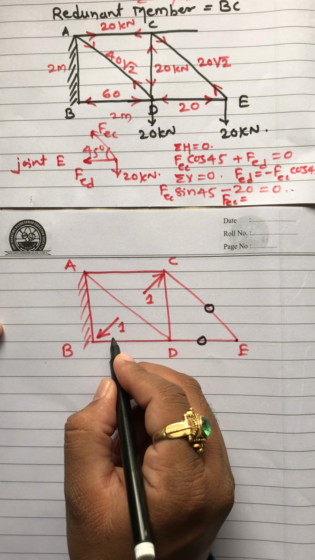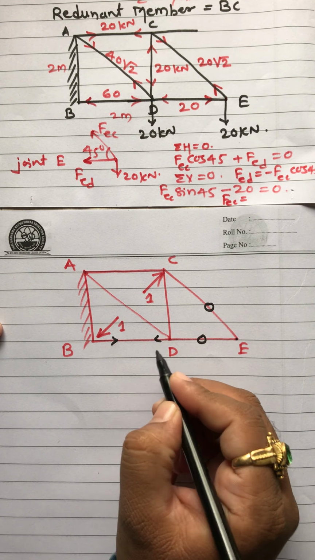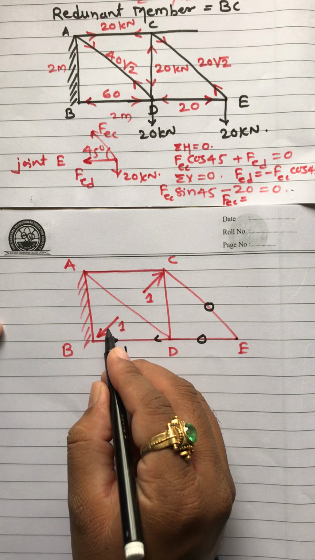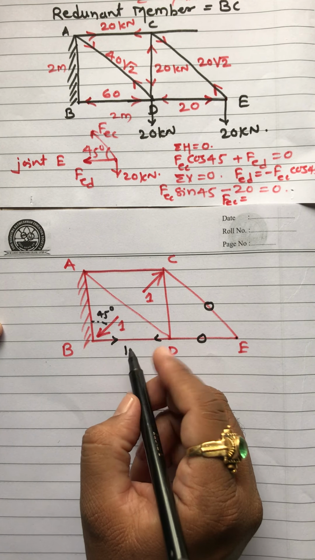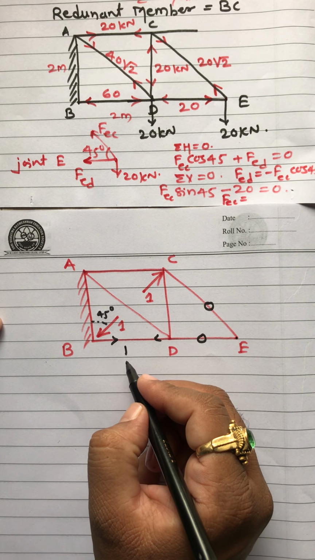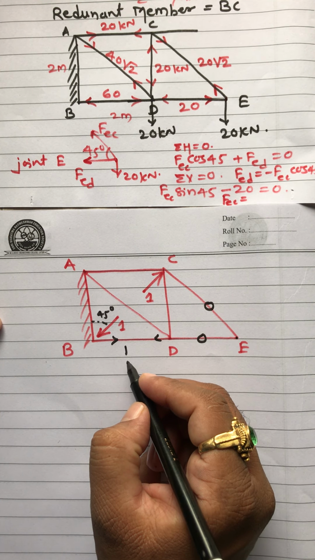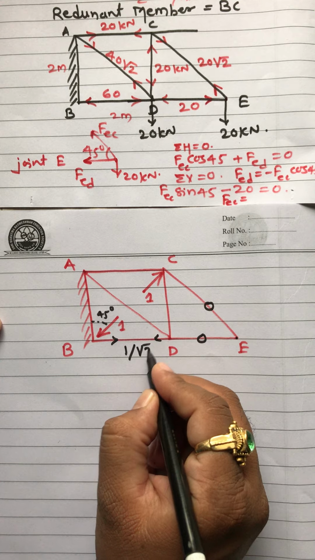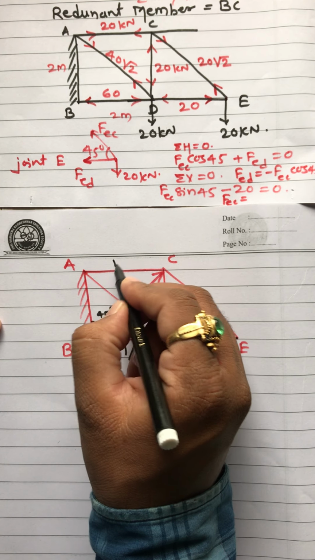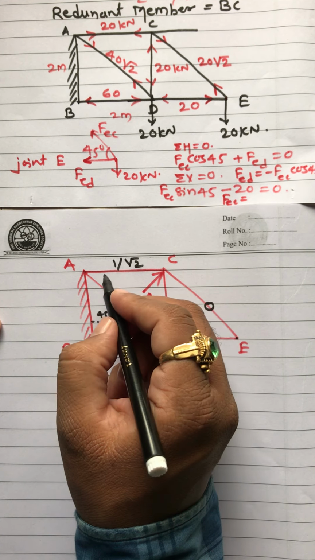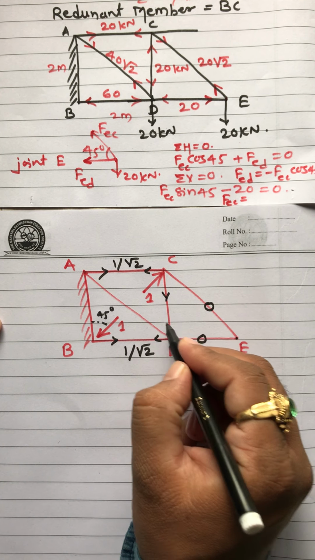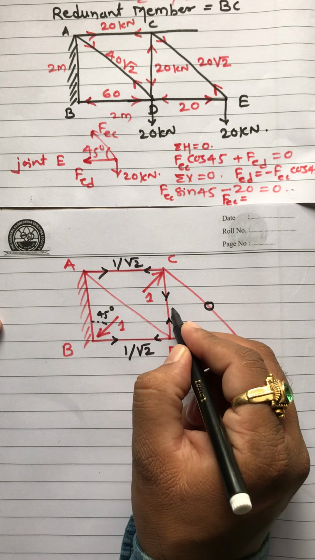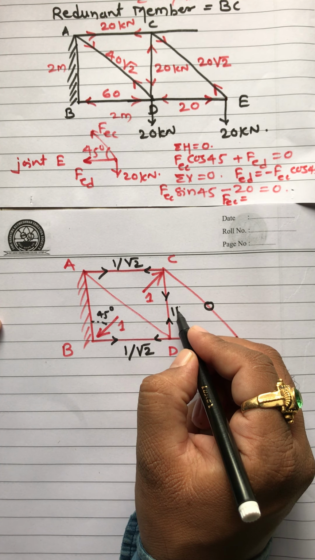And here, these are 1 by root 2 because the angle is 45 degree: 1 by root 2, 1 by root 2, 1 by root 2.